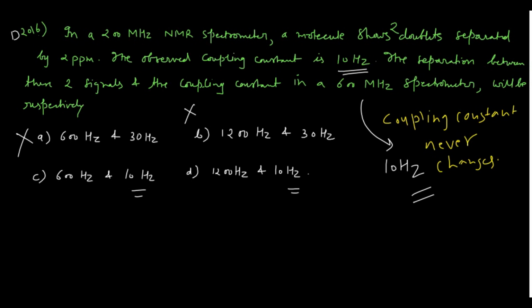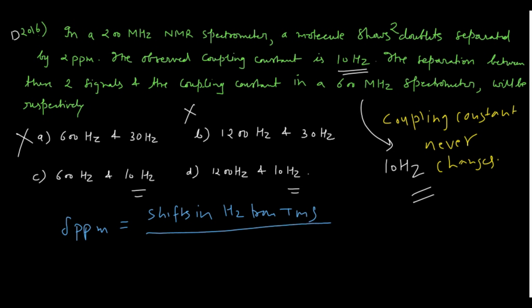Now there is a competition between C and D. Now this again is very easy. You should know this, right? Generally in that case, you can immediately write the chemical shift formula. Delta in ppm is the shift in hertz from tetramethylsilane divided by the spectrometer frequency in megahertz.